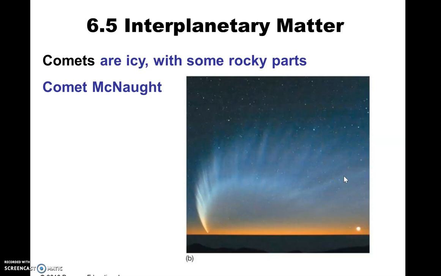Probably the most famous comet, of course, is Halley's Comet. Halley was actually a contemporary of Isaac Newton, so you're talking about going back about 300 years. The reason Halley's Comet is named after him is because he, using Newton's laws of motion and Newton's law of universal gravitation, was actually able to predict when Halley's Comet would come back, the comet that's now named for him.